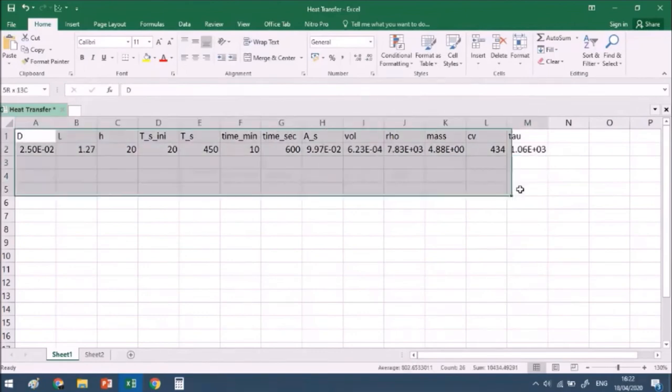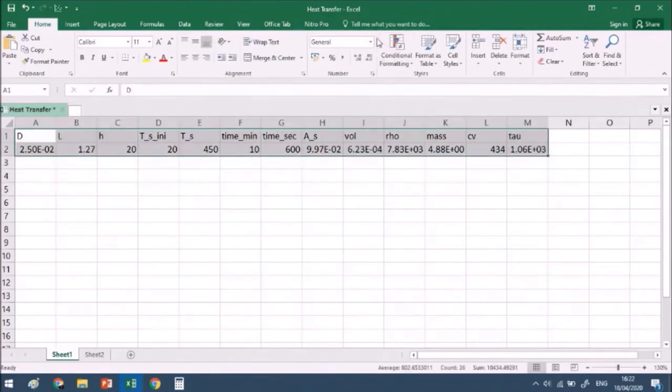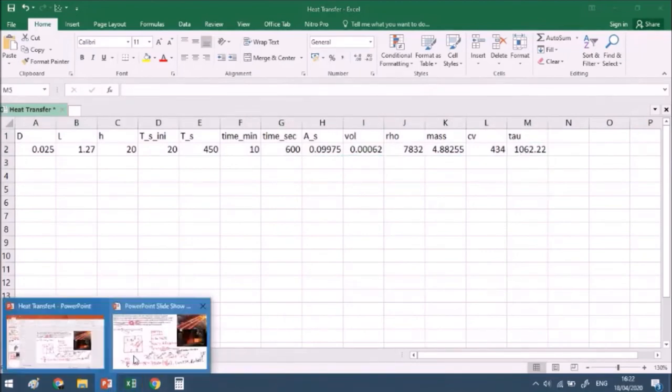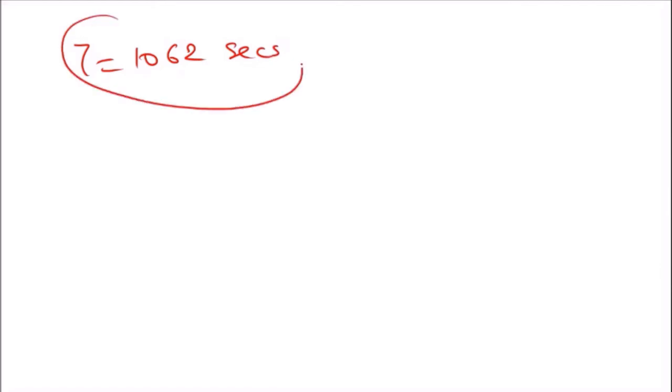If I convert it into general format, you can see the values. So you see, it is 1062 seconds. Tau is 1062 seconds. So what does it mean?